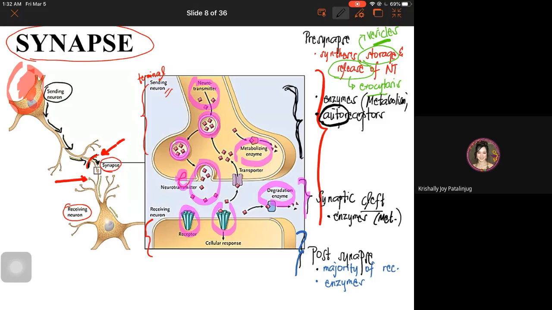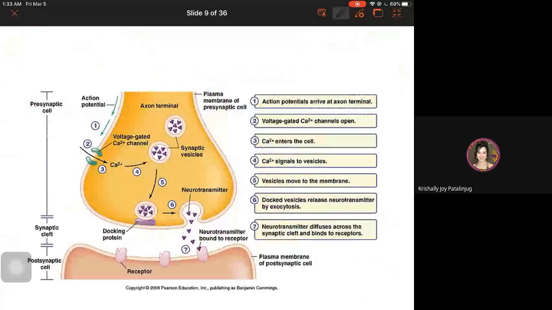Okay, next slide tayo. Now, your learnings on the previous slide will help you much easily, especially in understanding this slide. In particular for this slide, we will discuss what are the specific steps involved in synaptic neurotransmission.